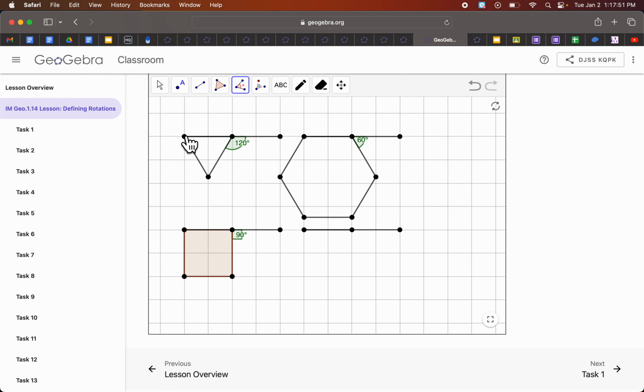So imagine that you're walking along, and in order to turn, to walk around, right? If you were walking this direction, then walking this direction, if you're looking at a map, right? You're walking down the street, and then you turn, and then you turn again, right? Maybe you're standing in the middle of a football field, right? If you turn 120 degrees, and then you turn again another 120 degrees, and then you turn again 120 degrees, you'll end up facing the direction that you originally started. So 3 times 120 is equal to 360, which is a full circle.